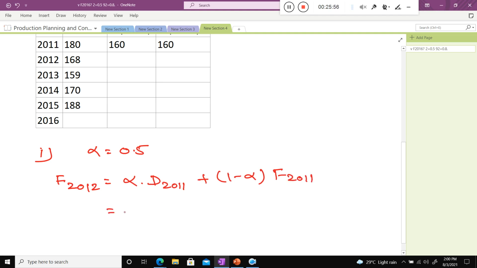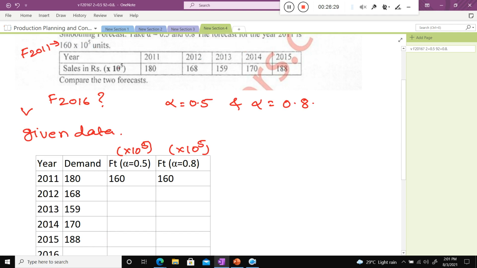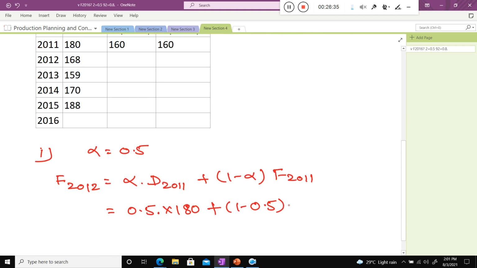Alpha is 0.5, then D is the given data, 180. So multiply 0.5 by 180, plus 1 minus 0.5, into F2011. The forecasting of 2011 is the given data, 160.